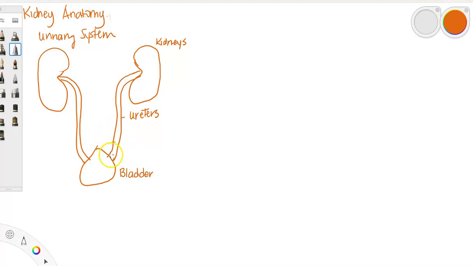And the ureters enter kind of through the back. They kind of come this way and enter here. And you've got two entrances here. And then up here, there's a little hole where it exits to the urethra.